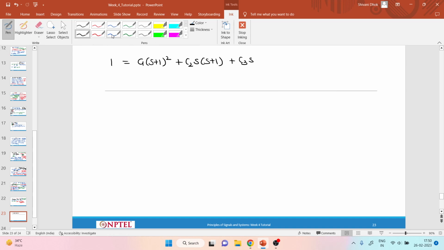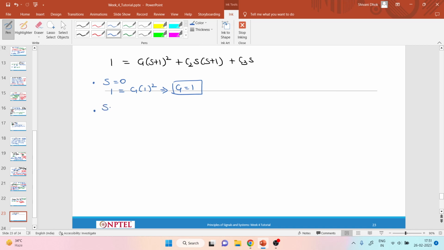So first we'll try to find the value of c1. Let's set s equal to 0. In that case, this equation reduces to c1 into 1 square, and the rest of the terms go to 0, which means that c1 is equal to 1. The next thing that we'll find is the value of c3.